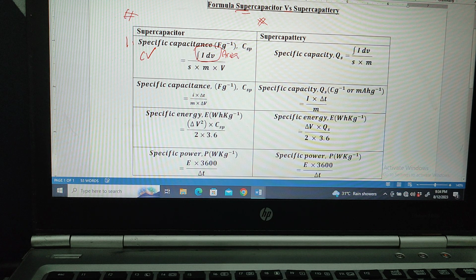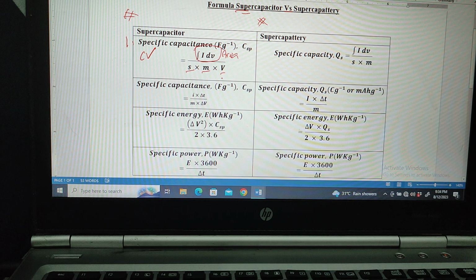The area you will divide by S, which is the scan rate, and also by the mass of your sample, because you're going to calculate the gravimetric capacitance, which is farad per gram. That's why we are using mass, and also here V is your potential window.